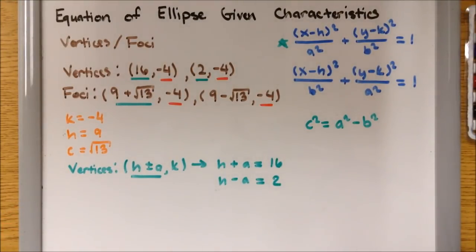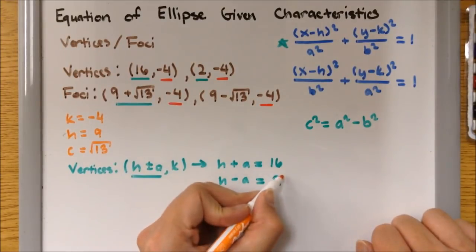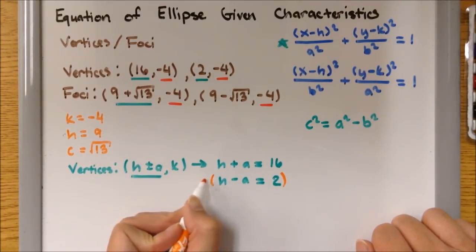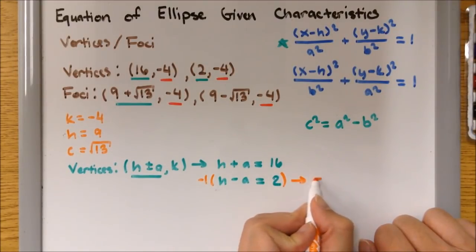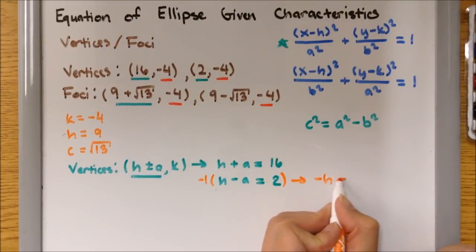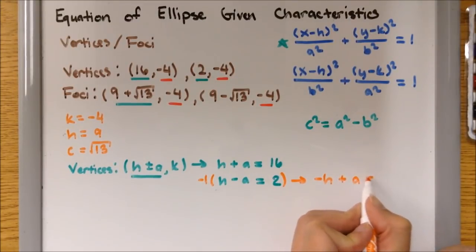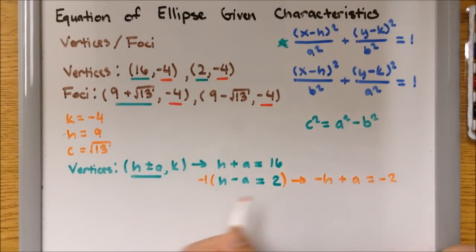So we can change either both of them to negative or both of them to positive. I'm going to change this minus a into a positive, so I'm going to multiply the whole equation by -1. It becomes -h + a = -2. Again, I multiplied -1 to the whole thing.